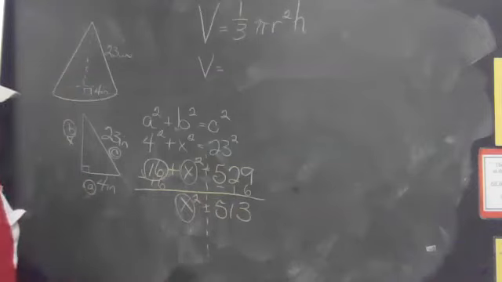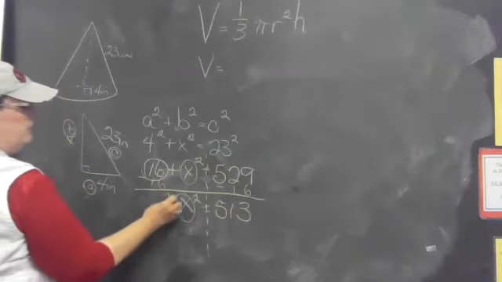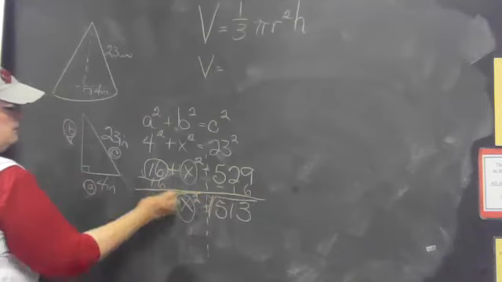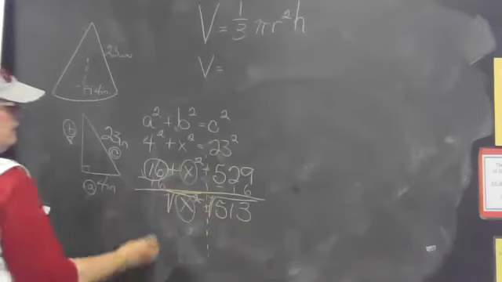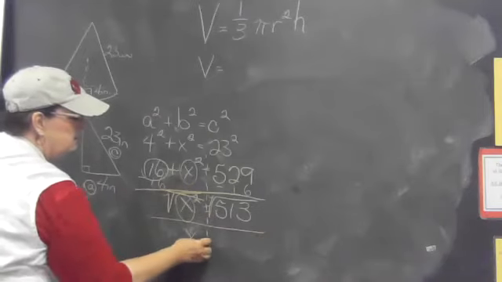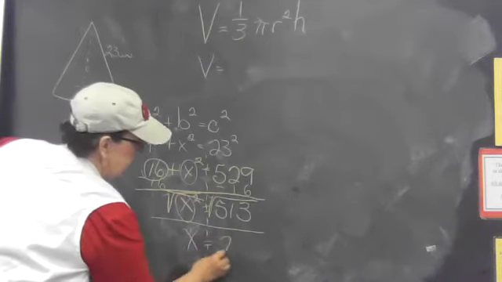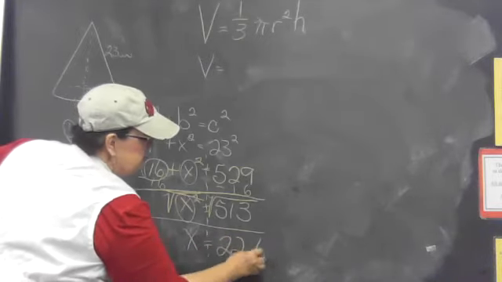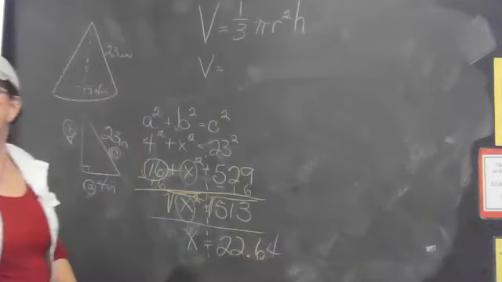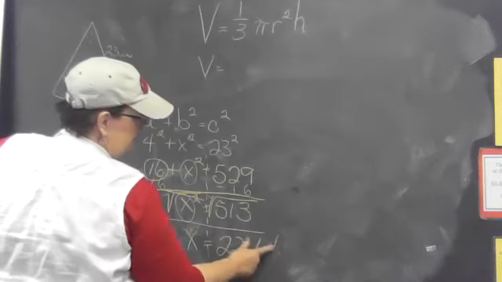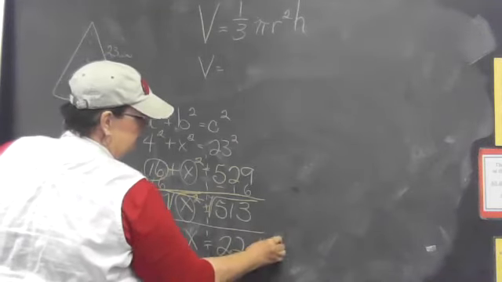513, we're solving for X. That means we have to get rid of our squared. We have to do the opposite, which is square root. Square root and squared cancel each other out. Now I have X equals 22.64, is that rounded? There's a 9, so we need to go to 5, right? So 65.